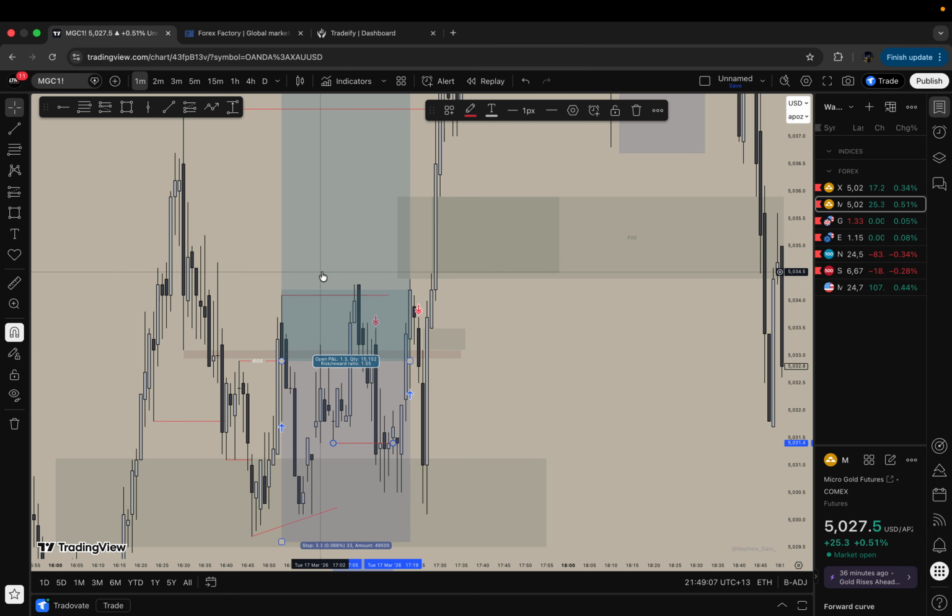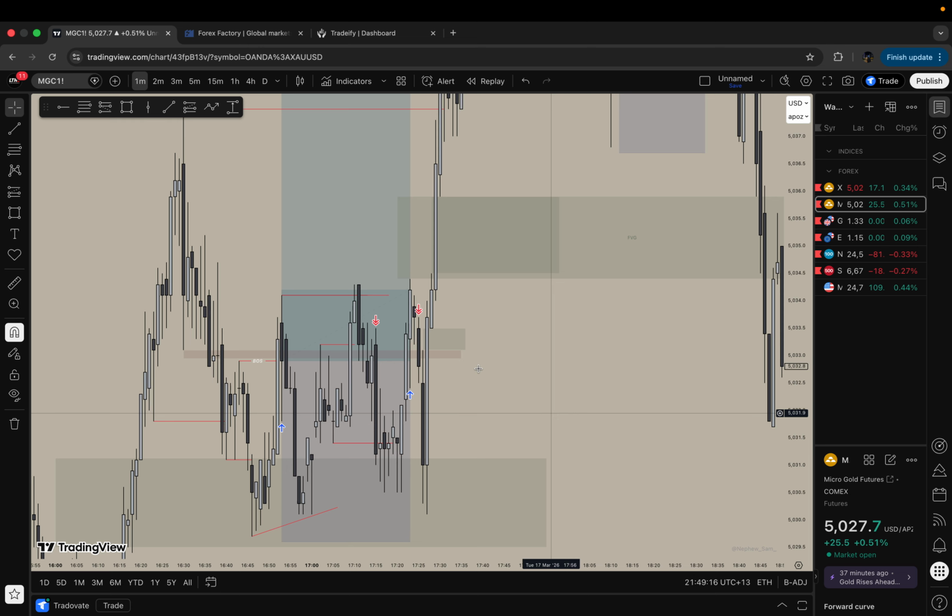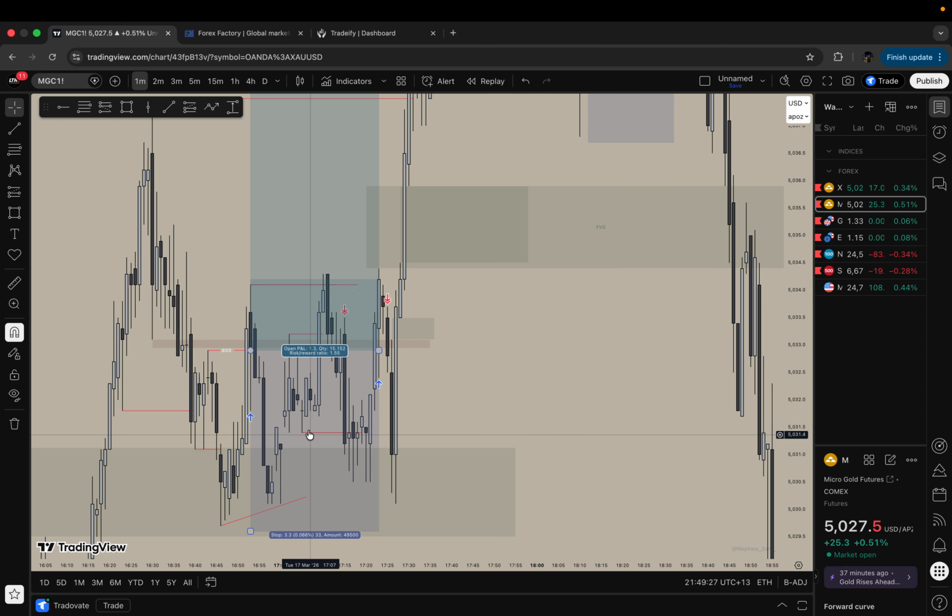We made some pushes up. We break internal structure again, right? So ideally we should just continue. If this high is invalidated, it is invalidated once we break the structure down once again. So this is why I put my stops there. So ended up reducing it a lot more.